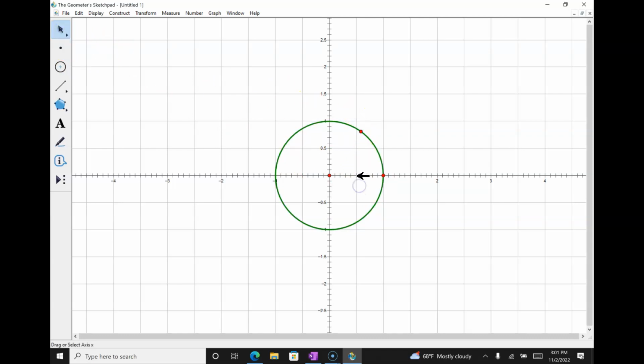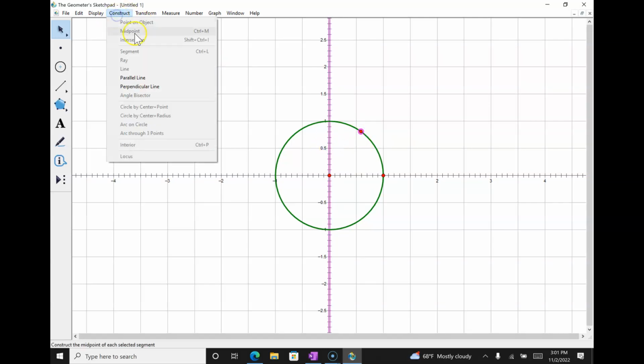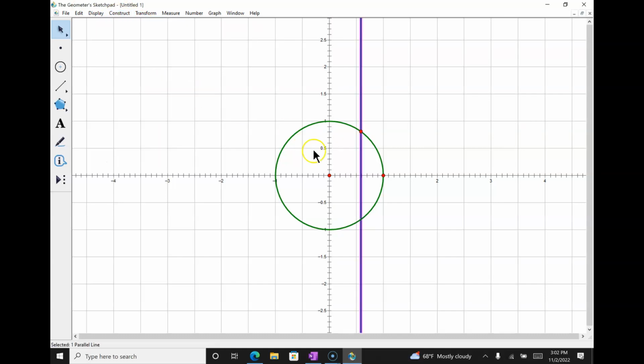And to each of my axes, I'm going to create a perpendicular. Oh, no, I'm sorry. I want a parallel to my y-axis. There's nothing for you to do here. Just listen, kind of, right? And I want my hypotenuse, my height of my triangle, and my base of the triangle.